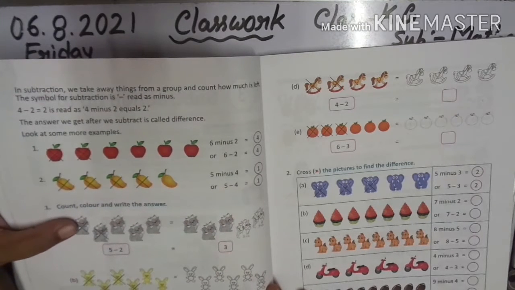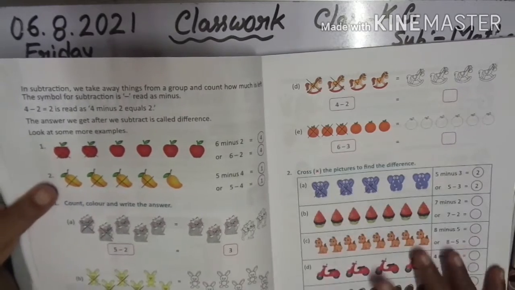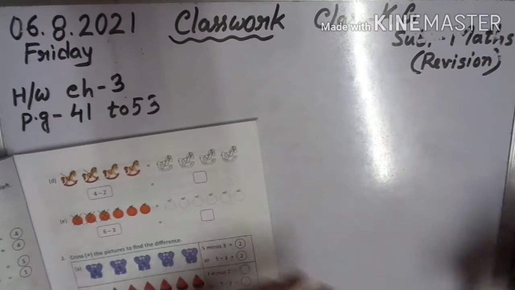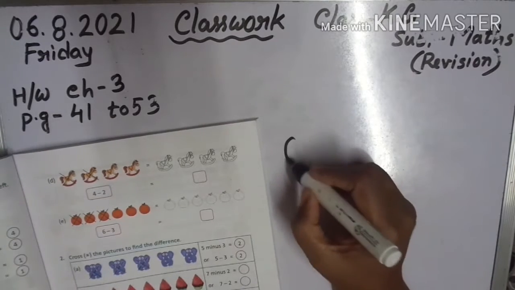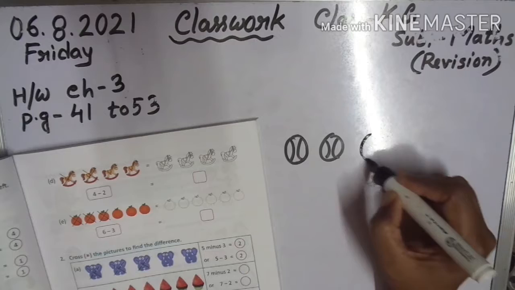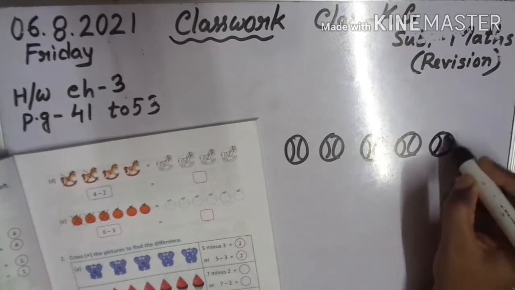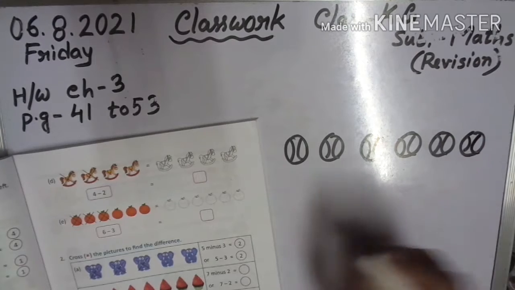Number 1, count, color and write the answer. See here is very easy. Follow me. 1, 2, 3, 4, 5, 6. Okay.